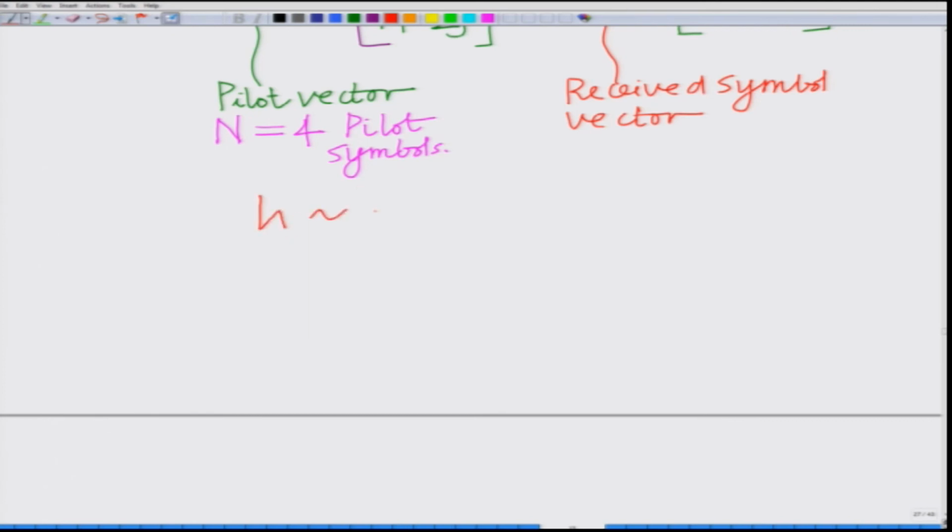the channel coefficient H with a prior density that is complex normal with mean 1 plus j and variance 1. So, this is mu h equals 1 plus j, sigma h square equals 1.